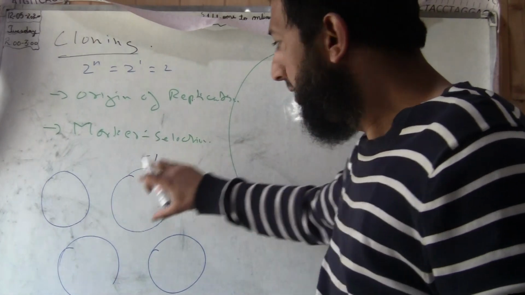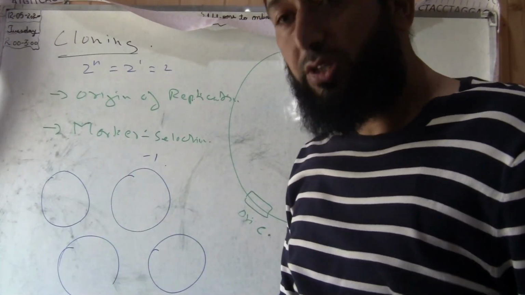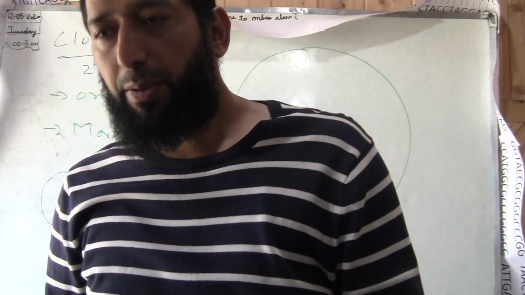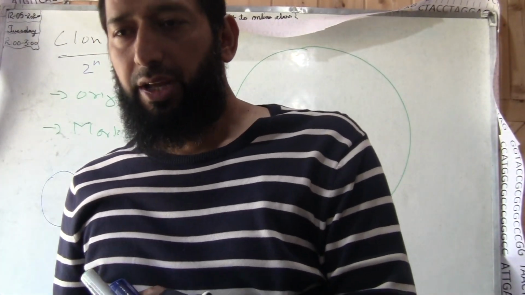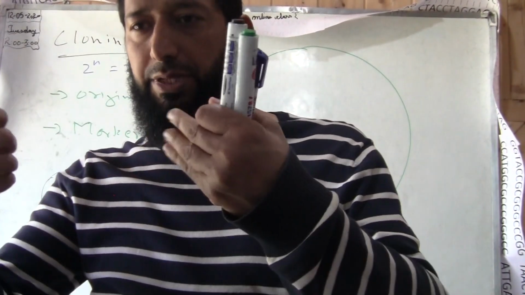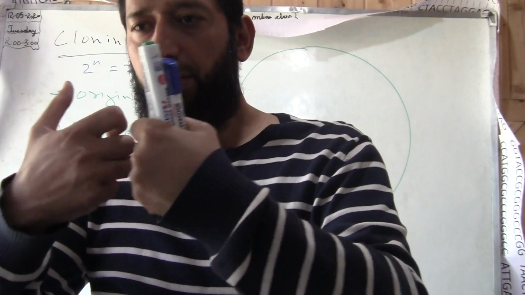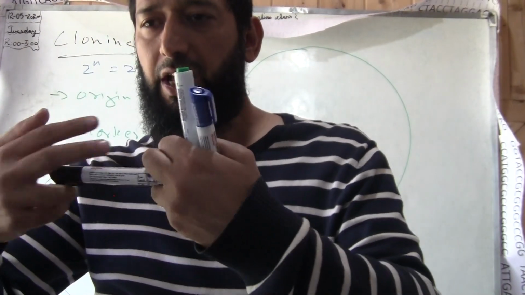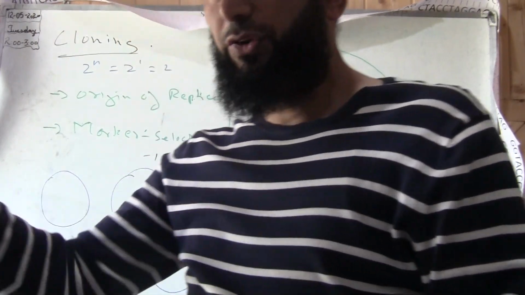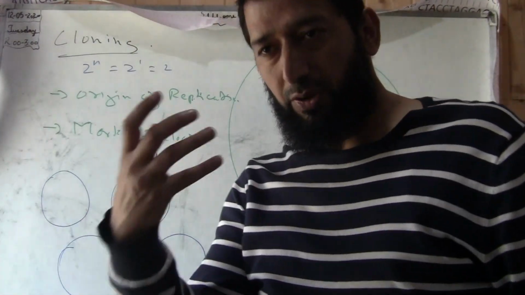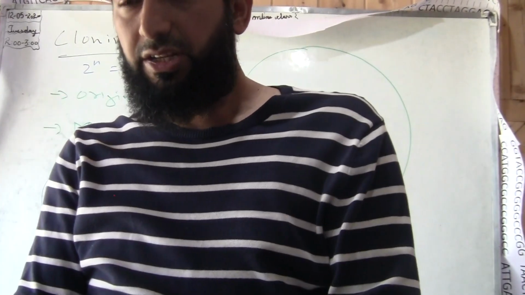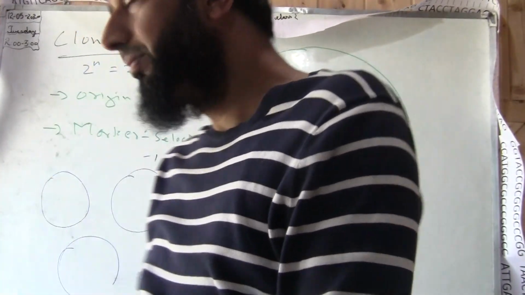Now you put the vector inside the E. coli cell through a process called transformation. Transformation is the process through which a bacterial cell can take inside a foreign DNA. If one bacteria puts a DNA fragment into another bacteria through a pilus, it's called conjugation. And if a virus does the same, it's called transduction. We do not want to go in detail. So simply, if we mix our cells with the DNA in presence of calcium chloride, the DNA gets into the cell. The transformation practical we will be doing.